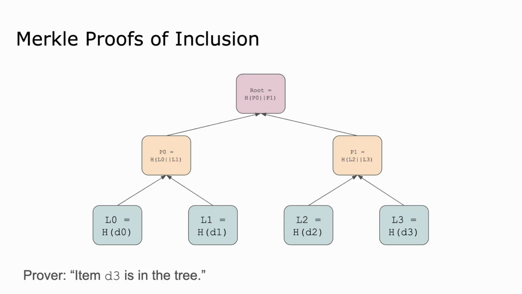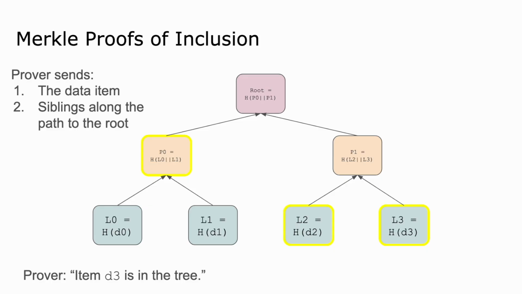The second nice property is that we can do efficient verification of membership of data items in the tree, i.e. inclusion. Let's say that I want to prove that item D3 is included in the tree. I don't need to send you the entire tree to prove that to you. I can send you the data item I want to prove, D3, or its hash, L3.